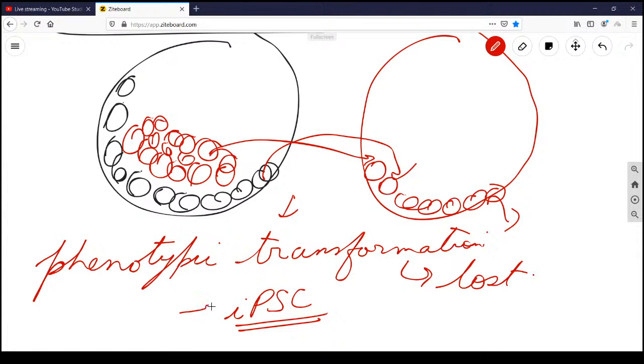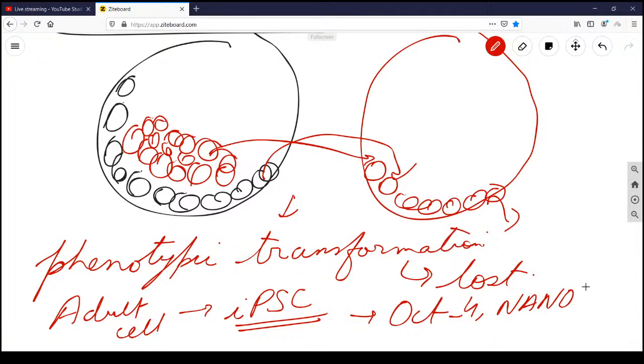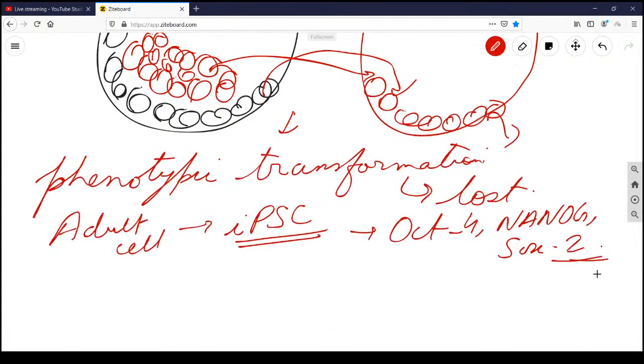Pluripotent stem cells were induced, meaning these cells were produced from adult cells. What they did was epigenetically de-silence many special genes like OCT4, NANOG, and SOX2. This is just for your information for scientific purposes.